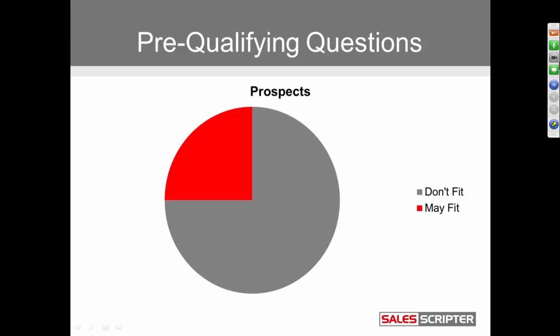So that's the does fit, and that would be your qualified slice of prospects. When we're pre-qualifying, we don't care about that so much. We just care about whether our prospects are in the may fit, because this determines if we should even talk or not.